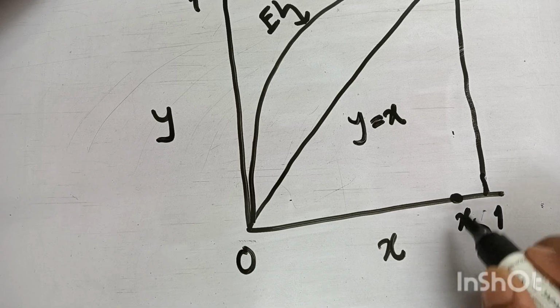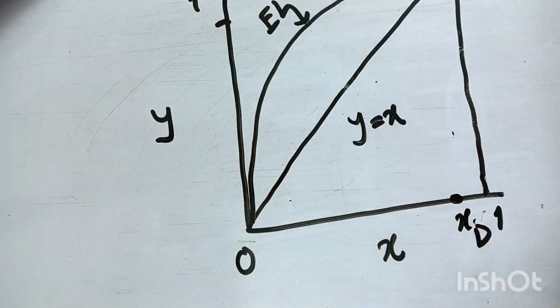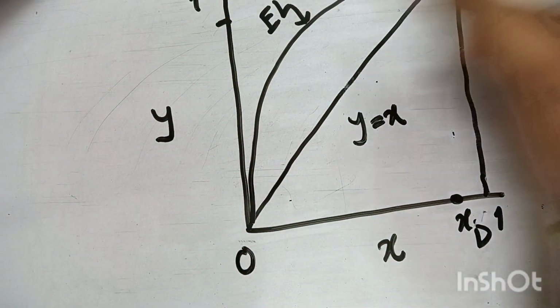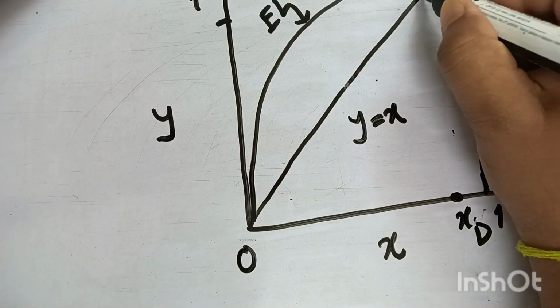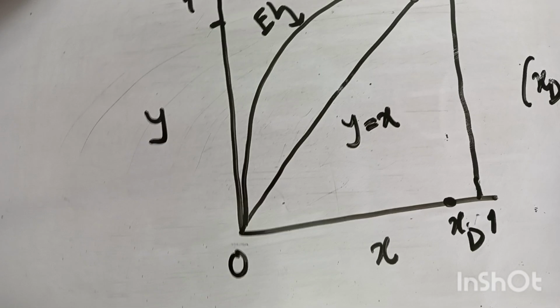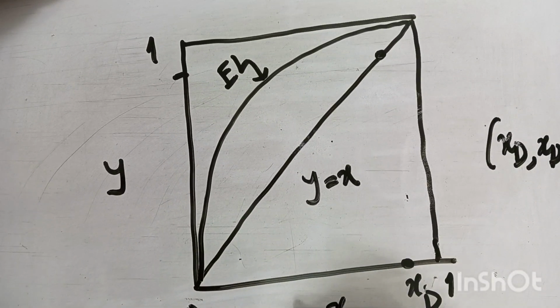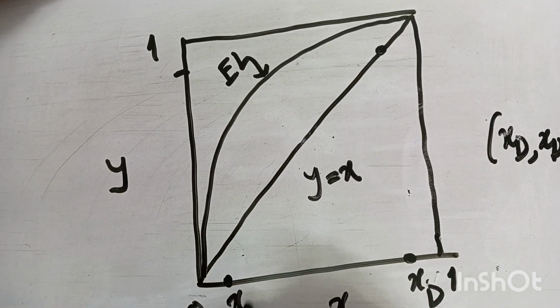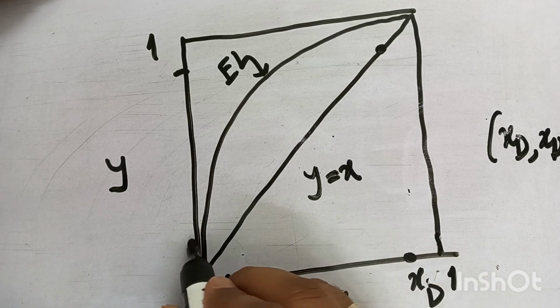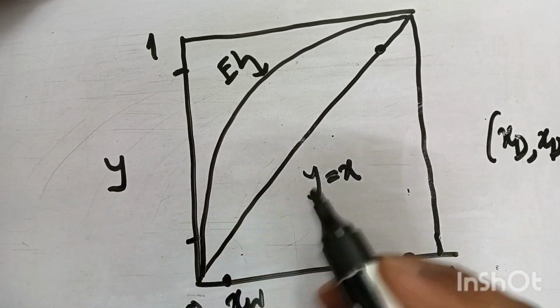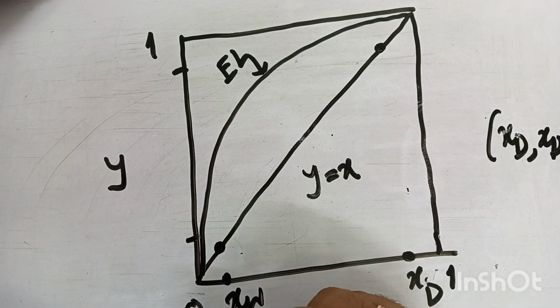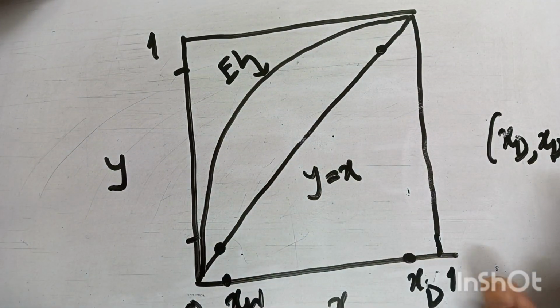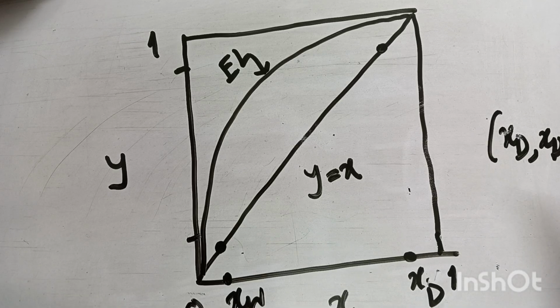Corresponding to xd point, the y coordinate happens to be xd itself. We have already seen it is xd comma xd, and that's why it will start from y equal to x line. Similarly, for the xw case, on the x-axis, the corresponding y-axis value happens to be xw itself, and that's why it originates on the y equal to x line. This explains all the technicalities.